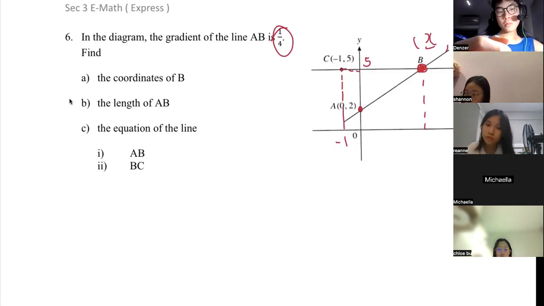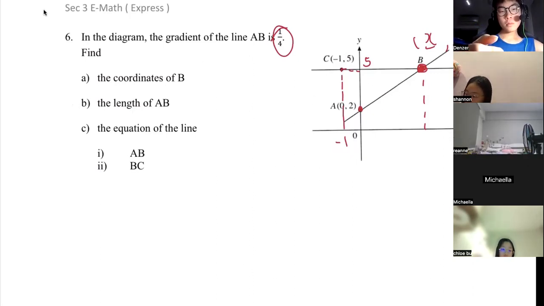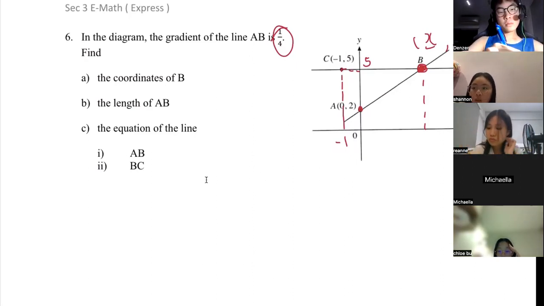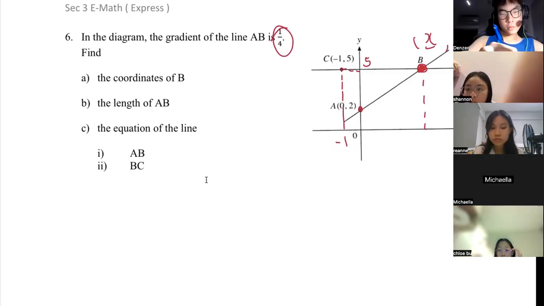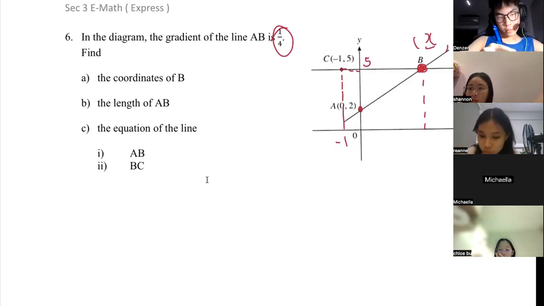Send it to me on the Zoom chat whenever you are ready. Wow, I see who is the first one.